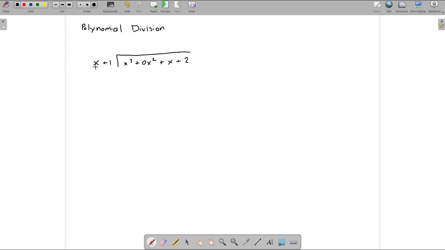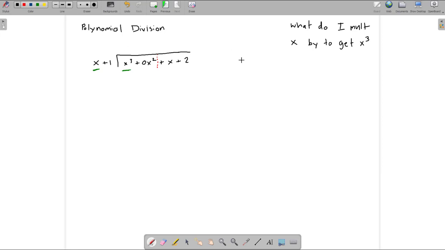So let's look at our first two terms here. I'll cut it off like this. And I want to look at what I multiply x by to get x cubed, right? Remember how we look at the leading terms on both of these? That's how I know what I need to multiply by.